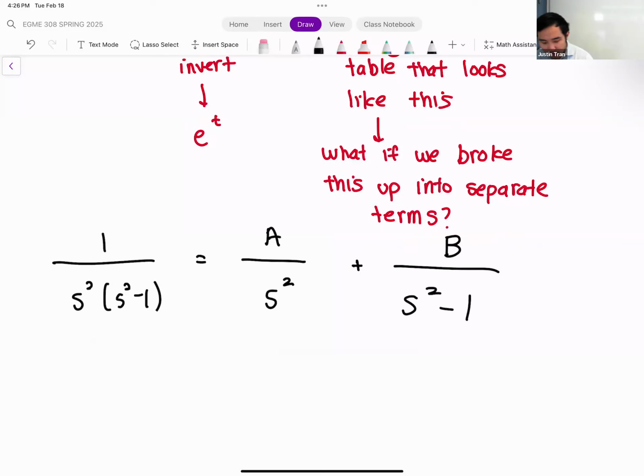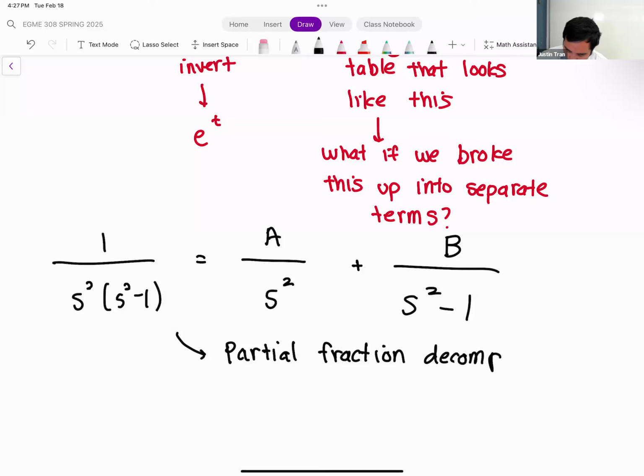This process of decomposing a fraction is called partial fraction decomposition. We're going to spend some time today reviewing partial fraction decomposition.